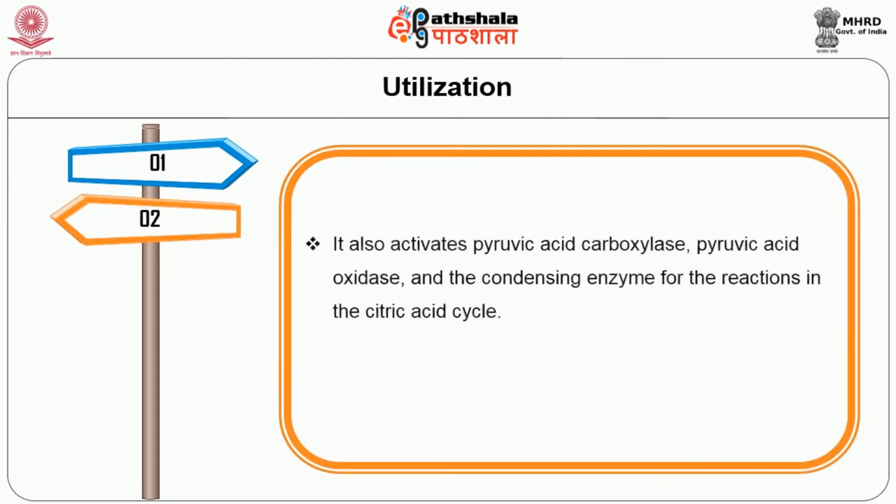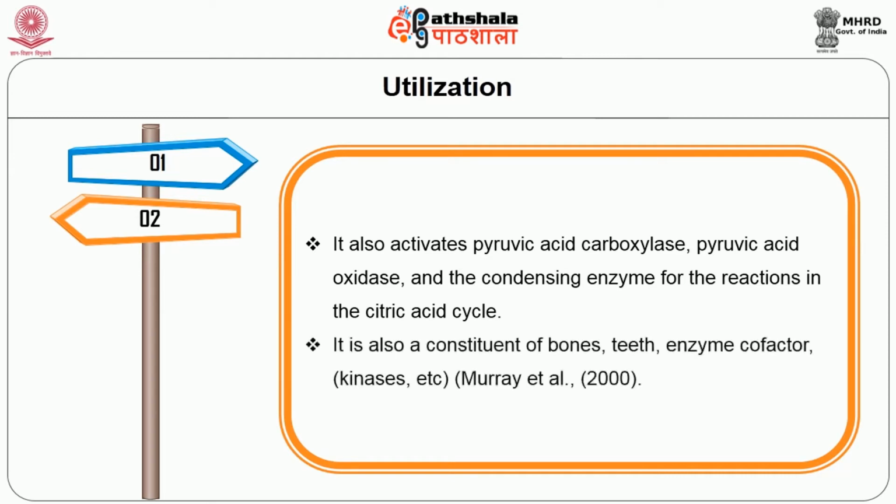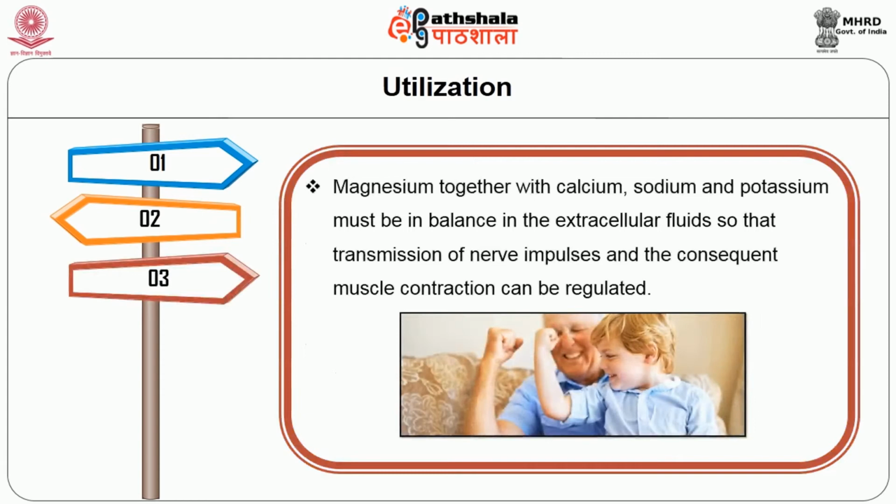It also activates pyruvic acid carboxylase, pyruvic acid oxidase and the condensing enzyme for the reactions in the citric acid cycle. It is also a constituent of bones, teeth and enzyme cofactors. Magnesium together with calcium, sodium and potassium must be in balance in the extracellular fluids so that transmission of nerve impulses and the consequent muscle contraction can be regulated.